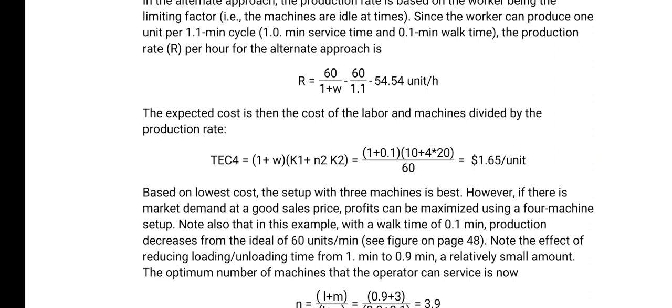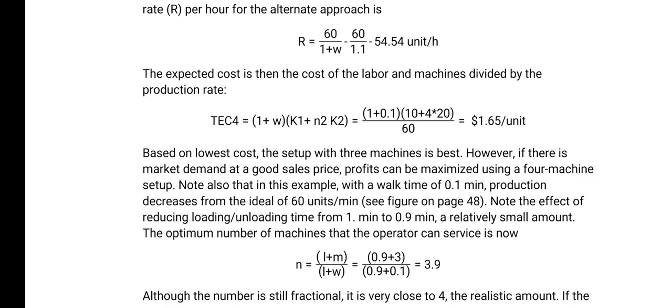However, if there is market demand at a good sell price, profit can be maximized using a four machine setup. Also note that this is an example with a work time of 0.1 minutes.